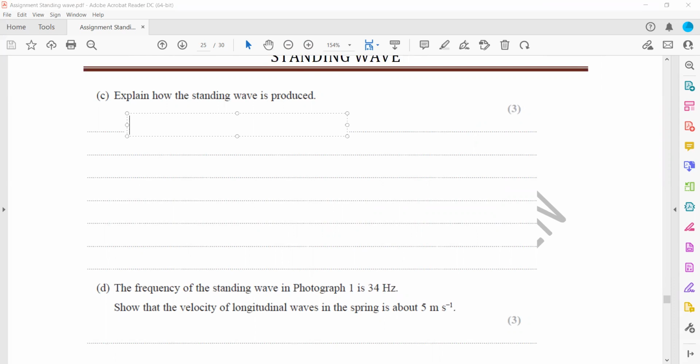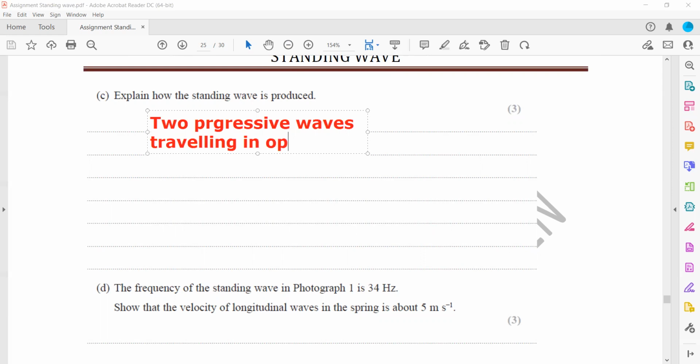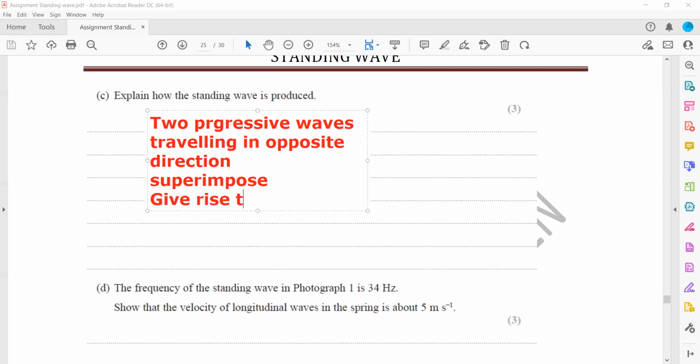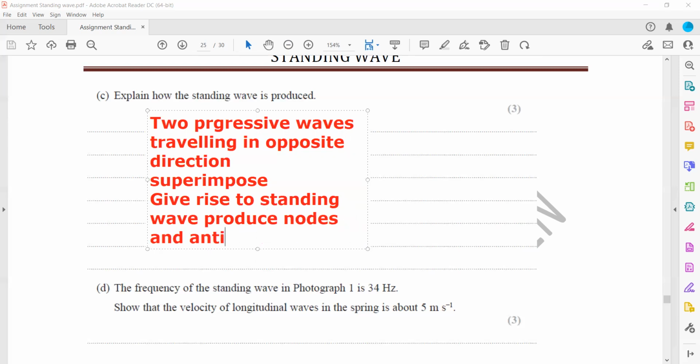So when two waves traveling in opposite directions are superimposed, they give rise to a standing wave and produce nodes and antinodes.